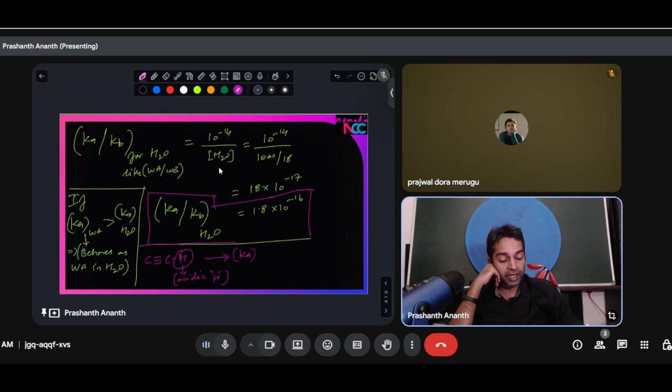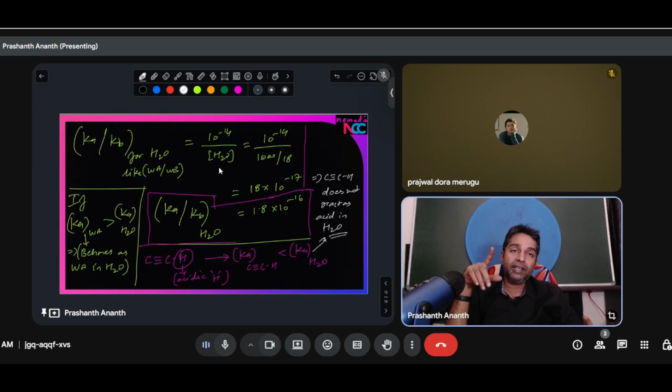So there will be a Ka associated with acetylene over here. But this Ka is actually going to be lesser than the Ka for water. What does this mean? This means this does not react as an acid in water. It implies acetylene does not react as acid in water. That is a simple idea over here.